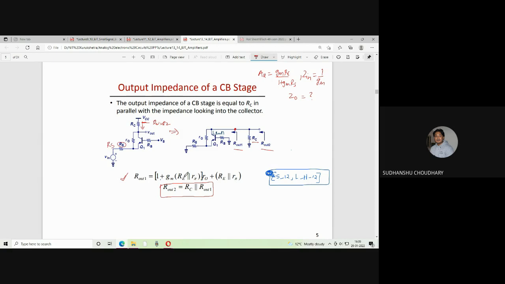So one can directly write Rout1 by inspecting and comparing with the common emitter stage. What we had calculated for common emitter, we simply compare and find that it is valid. And Rout2 is simply Rout1, that is this one, parallel to RC. So the total Rout2, that is the output impedance of the common base stage, can be easily found as this much.